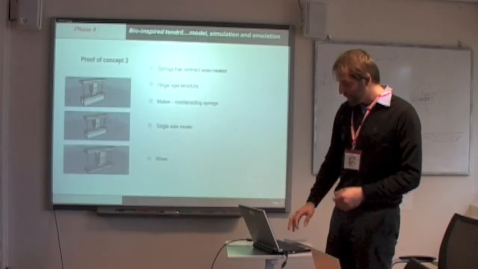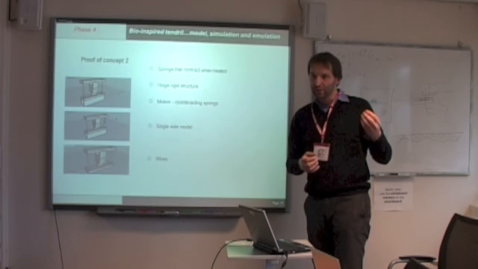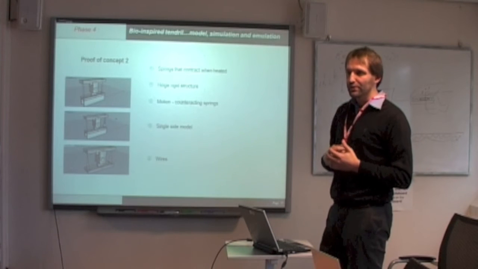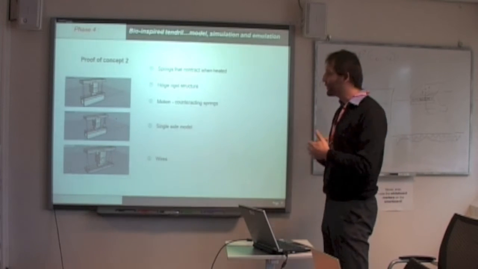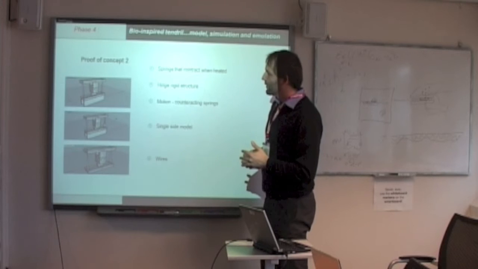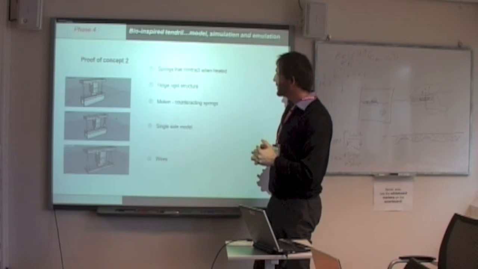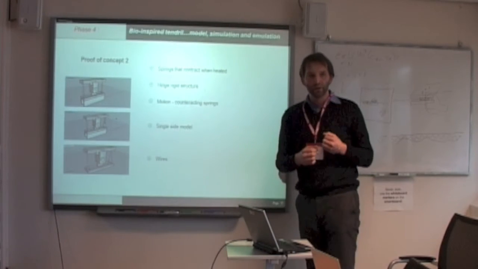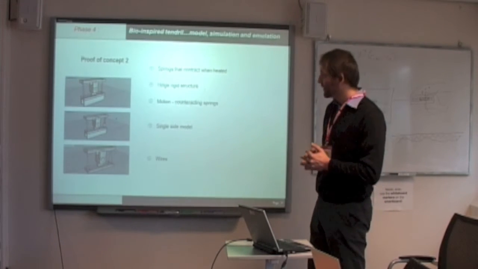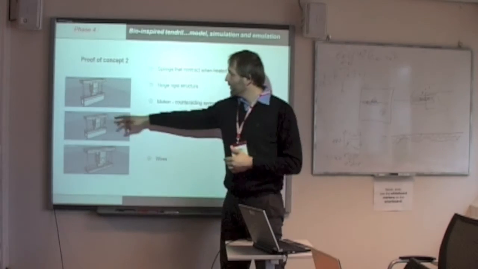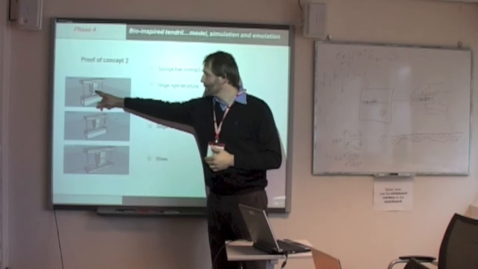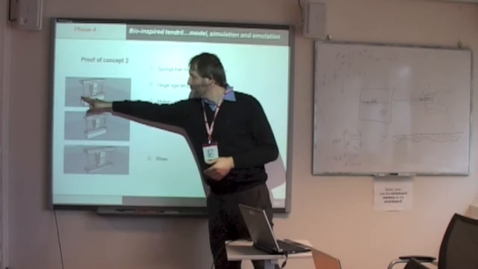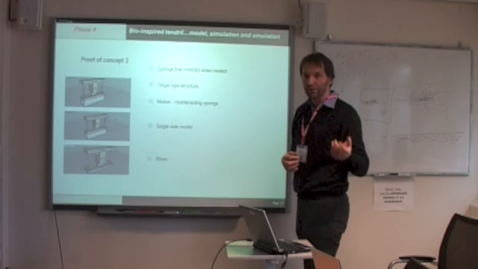On the other hand, we try to define how to design, how to create the different sections of our grasping by coiling part in a simple way, by using springs that can contract when heated or by using wires. In particular, here we have a rigid part with a hinge element, and we have two different springs in alternation.